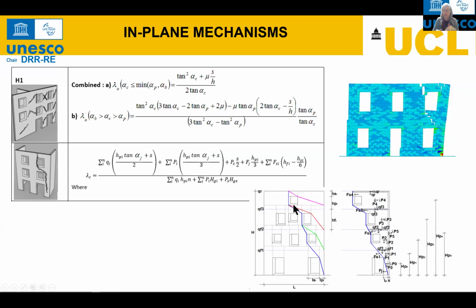So that's why we start understanding why so many of the parameters that we require in the input become essential to the analysis. And again, we have also carried out some discrete element analysis with 3DEC to validate this type of mechanism that we have developed here.